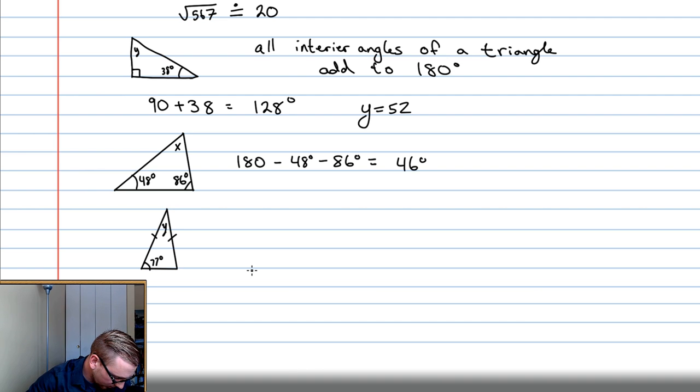Equal length equals... She's got her numbers a bit backwards. She's got it right though. Equal angles. So this is 180 minus 77 equals 180 minus 144. But that's 36.